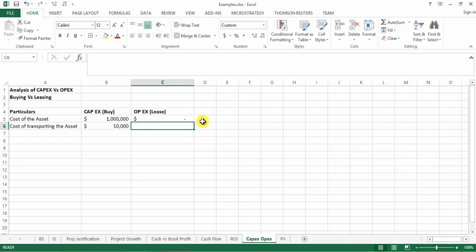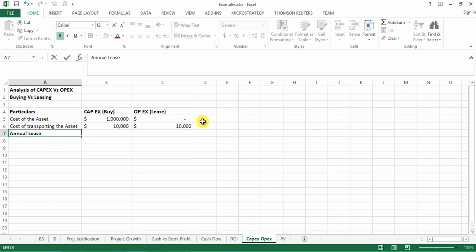Let's say in case of lease also, the lessor is not that lenient with the money, so he asks you to bear the expense if you want the asset delivered to your premises, and you need to do that because it's a heavy machinery required for the project. Over here you also incur $10,000 of expense for getting the machine to the premises.